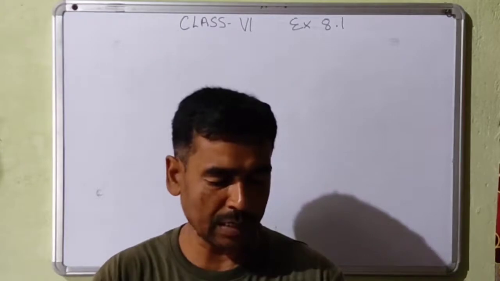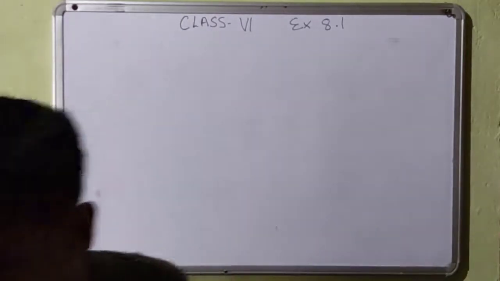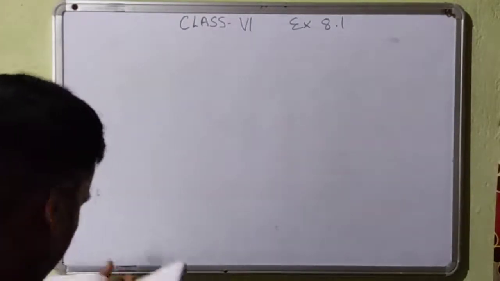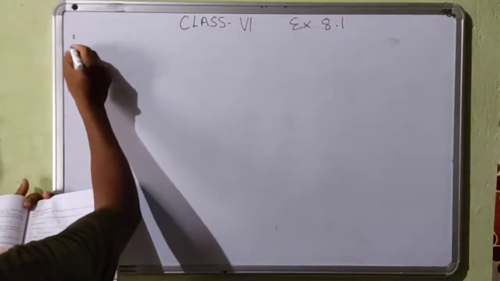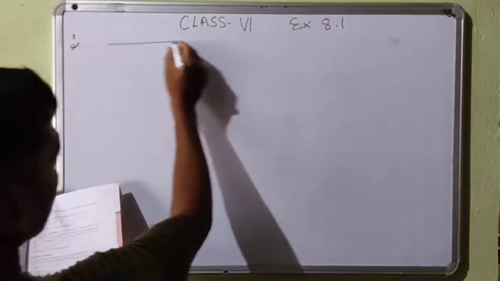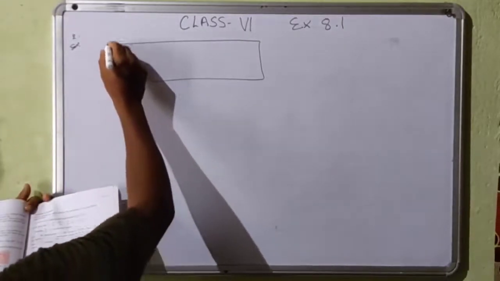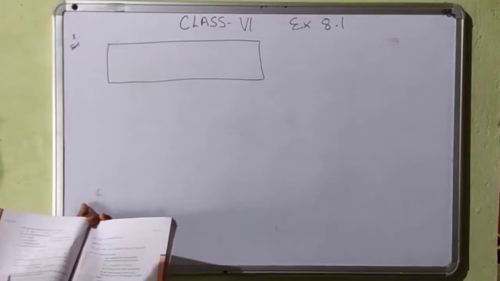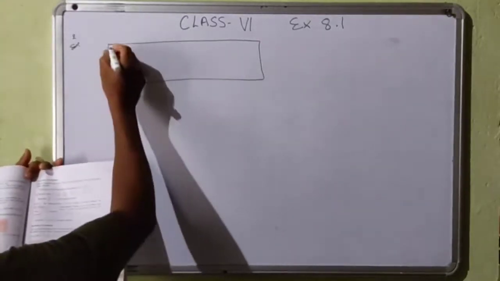So the place value chart is what you saw in the previous question. Second question solution, this is the place value chart. The greatest digit is 100, so you will write 100 here.